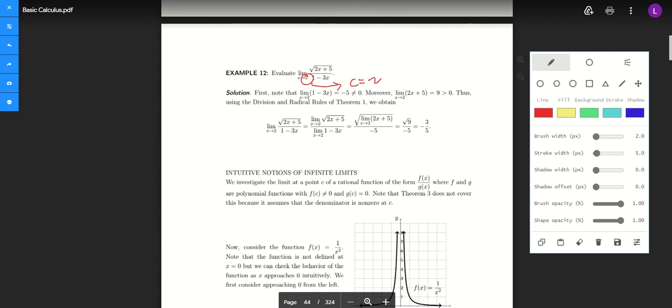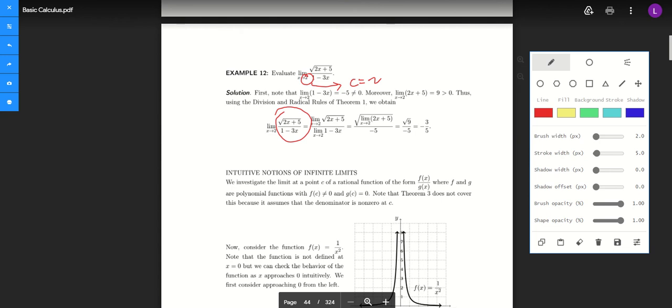So first, since we're talking about quotient here because of the fraction bar, that means we will apply quotient rule. Once we apply quotient rule, you find the limit of what is in the numerator, that's the square root of 2x plus 5, and then you also find the limit of what is in the denominator, which is 1 minus 3x.